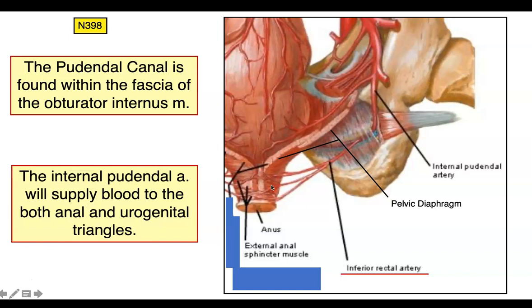This is the pelvic diaphragm, and these inferior rectal branches go towards the anal canal, which is surrounded by skeletal muscle called the external anal sphincter muscle. The external anal sphincter muscle gets its blood supply from the internal pudendal artery branches, called inferior rectal arteries.